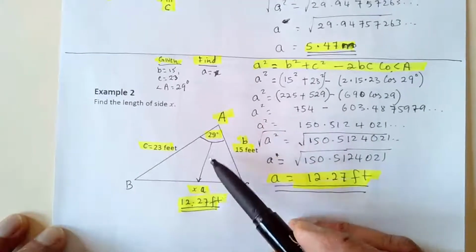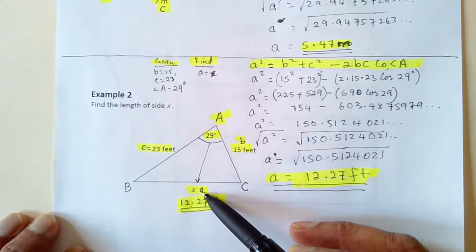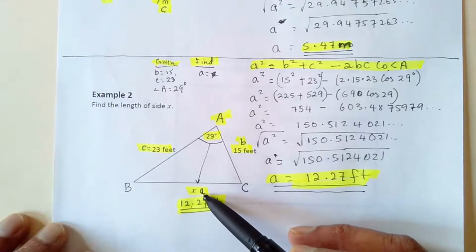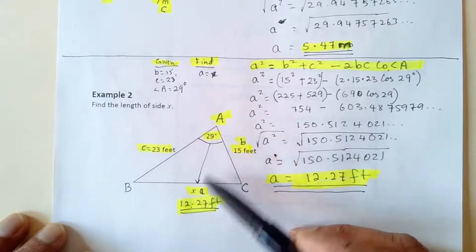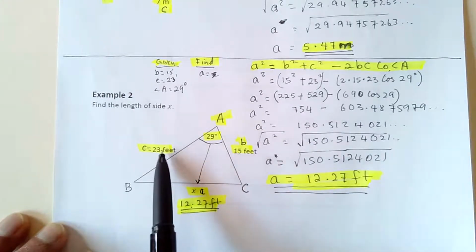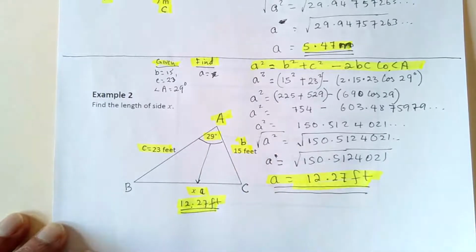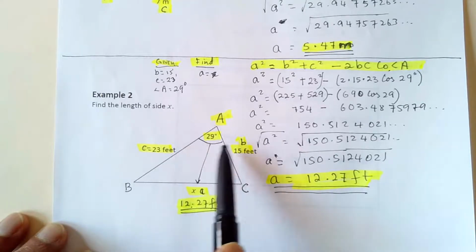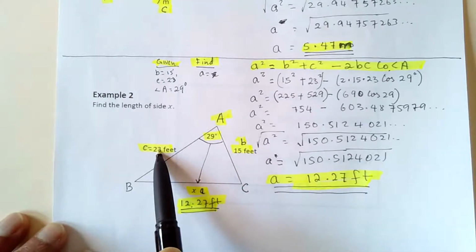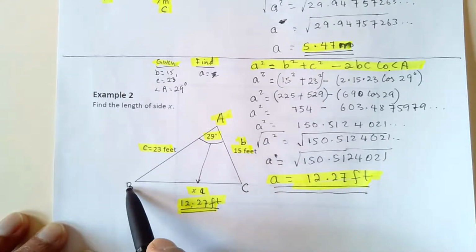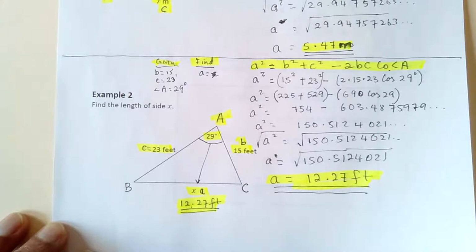And the side that we're asked to find should be labeled A to make your calculation simpler. Once we have the missing side A, then the angle opposite that A will be angle A. And we label the two sides around the angle B and C. So this could have been B, that could have been C, it doesn't matter. And the angle opposite the sides are labeled accordingly, B and C.